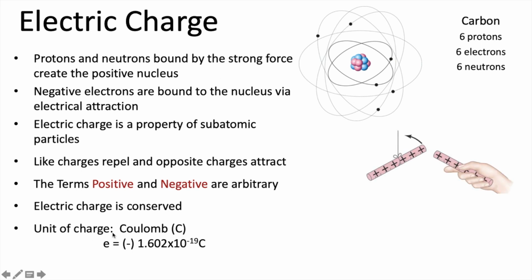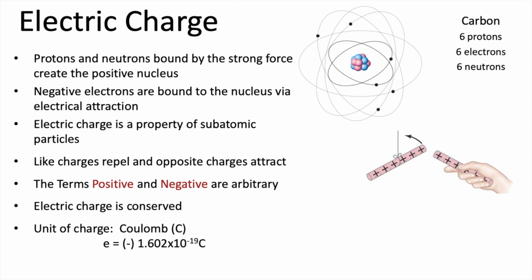Let's look at the unit of the charge. Each of the charges has a magnitude, the numerical value of the charge. Similar to how it has mass, right? The mass of the electron is about 10 power minus 31 kilograms. So that's the magnitude of its mass.